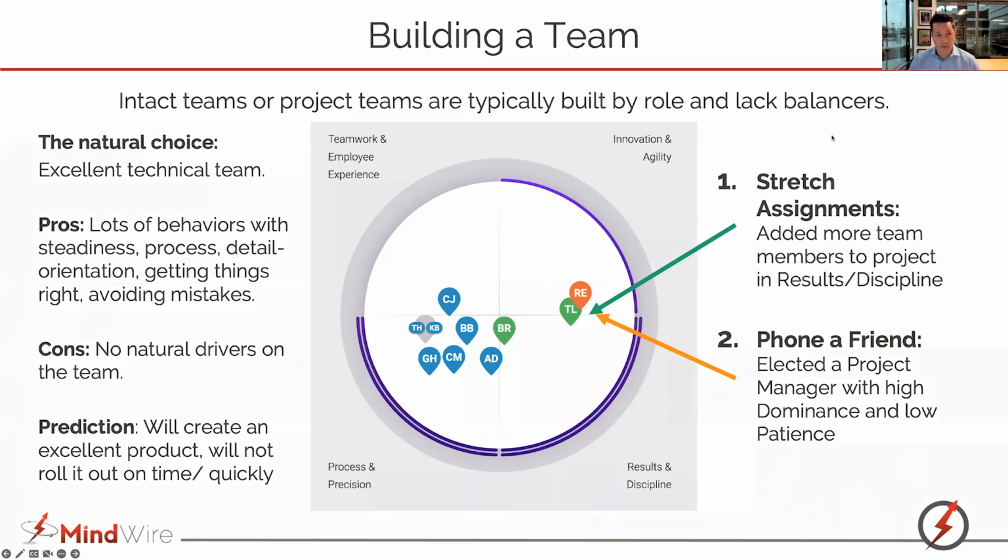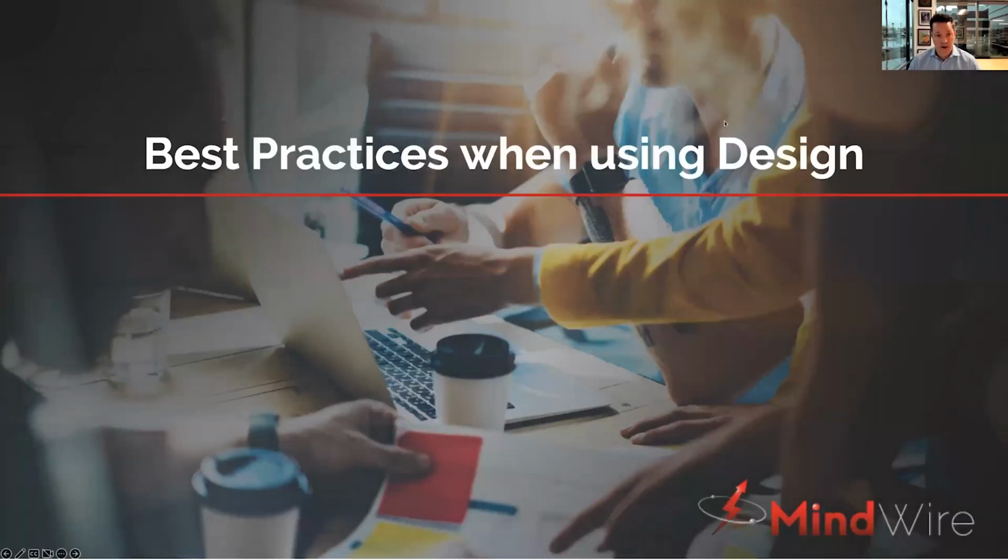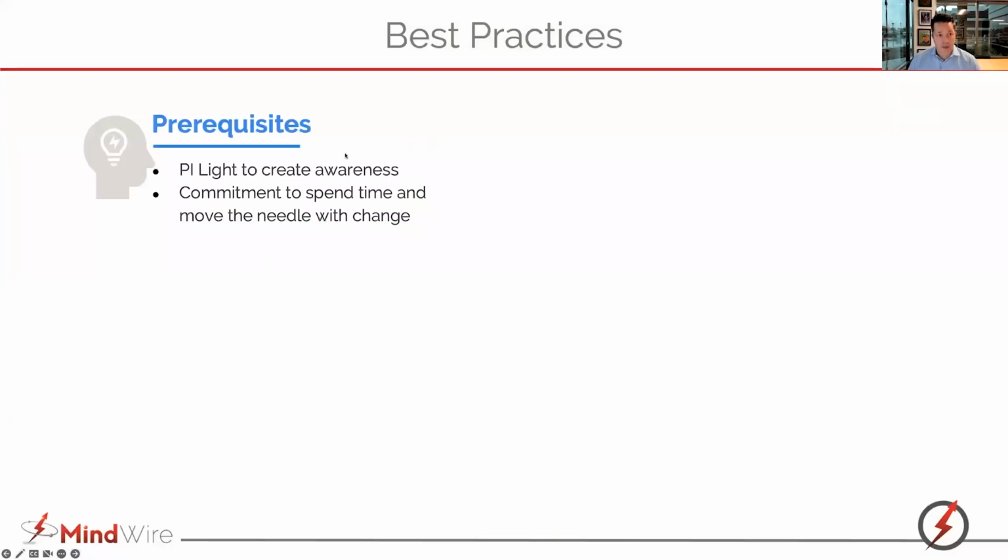So a couple best practices when using design. Oftentimes clients are using a little PI Lite, which is an hour and a half session to really know the individual behaviors deeper of everyone on the team, create awareness of that, create a better sense of do's and don'ts. This gets into individuals pretty deeply and helps them really get a good foundation before they come to this.